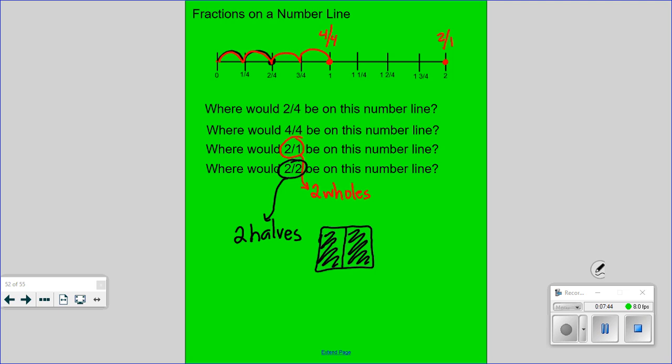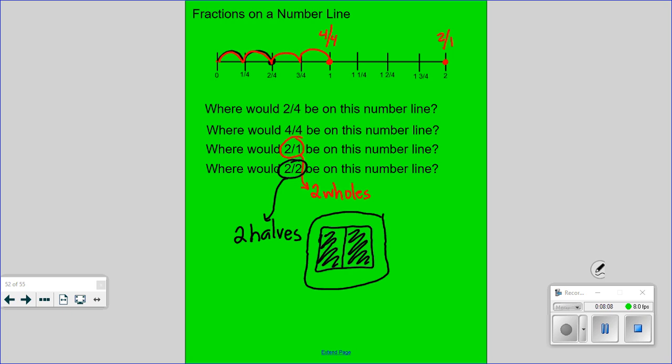How would I say this piece right here? 2 halves. But if I had a cookie and I cut it in half and I ate both halves, how much of that cookie did I eat? The whole thing.